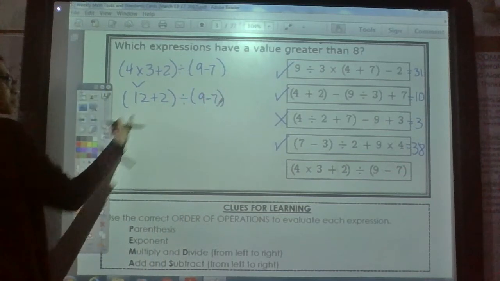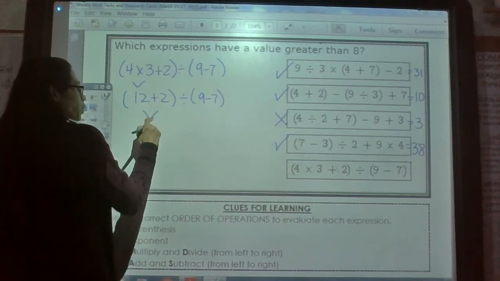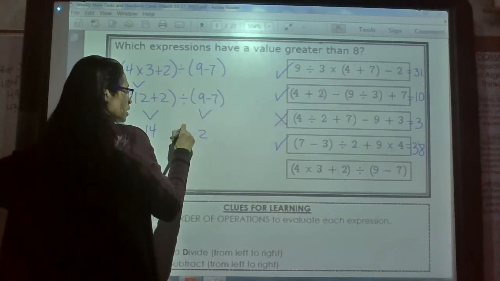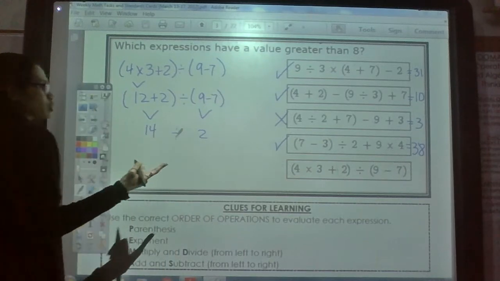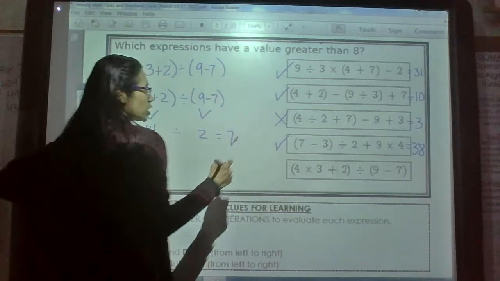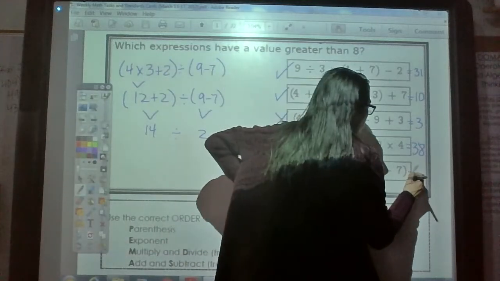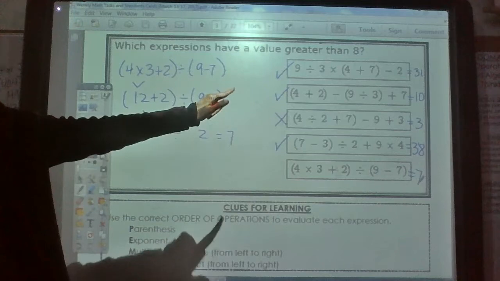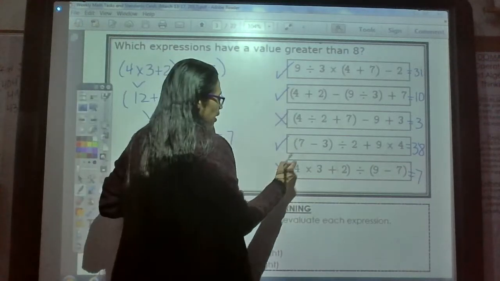Okay. Now we can do 12 plus 2 is 14. And 9 minus 7 is 2. Then we can divide that. 14 divided by 2 equals 7. Bam. Equals 7. Does that expression have a value greater than 8? Oh no. So we can put an X right there.